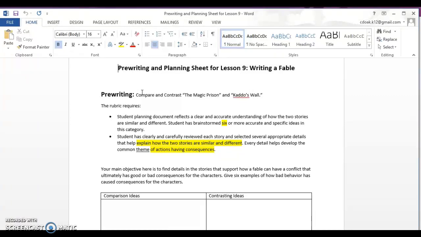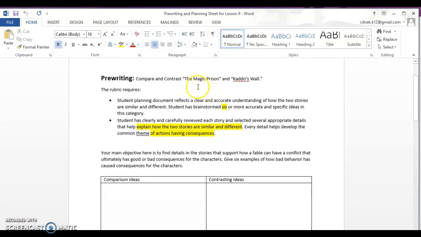They usually had some kind of consequence, and after their consequence, they usually learned their lesson. That is a perfect example of what a fable should be. So let's look at this and see what we're going to do with The Magic Prison and Cato's Wall.